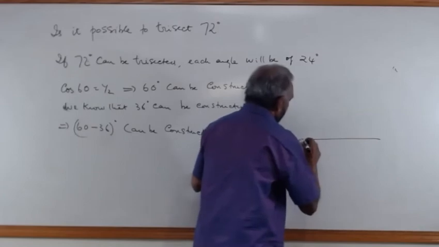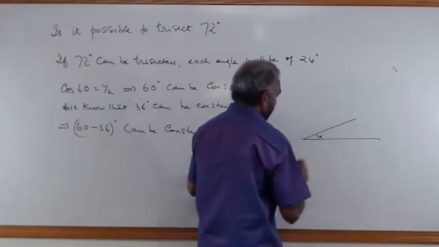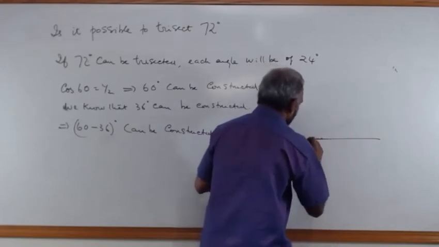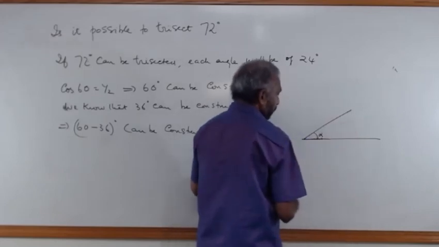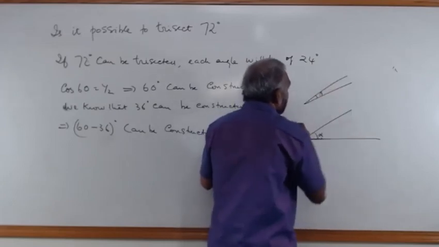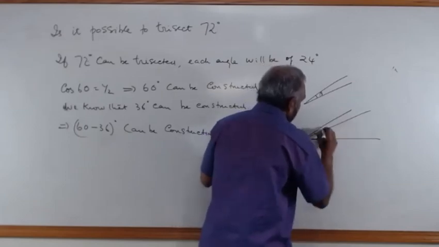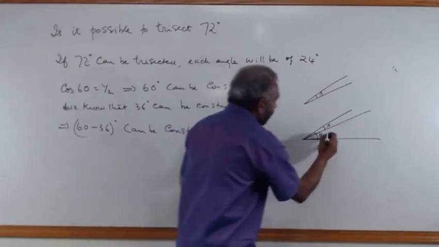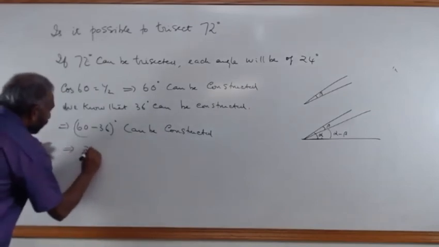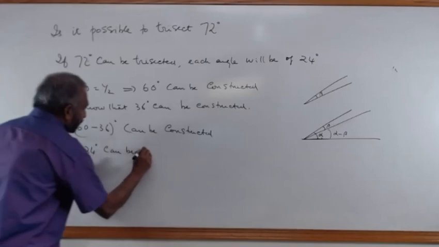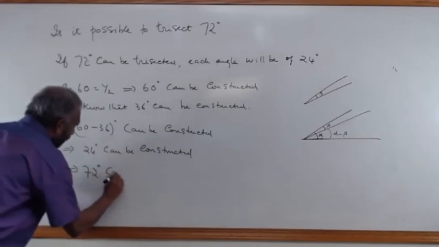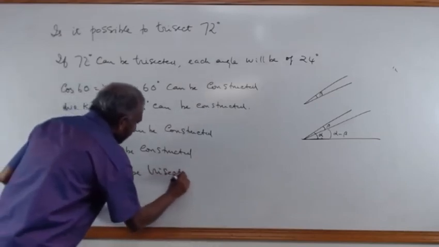Because if you know how to draw alpha, or if alpha can be constructed, and if beta also can be constructed, then we can subtract from here like this, beta, and this will be alpha minus beta, and this implies 24 degrees can be constructed. That means 72 degrees can be trisected.